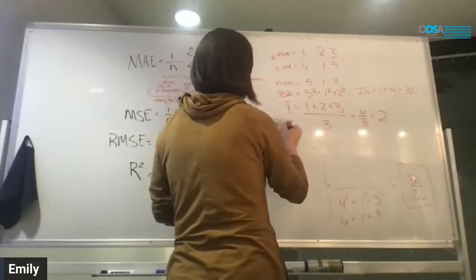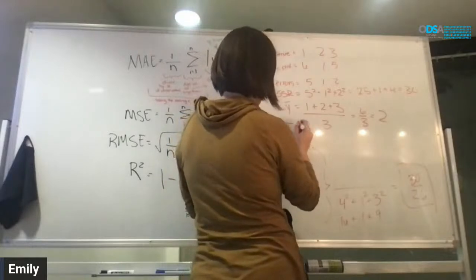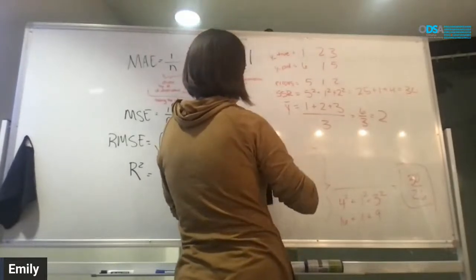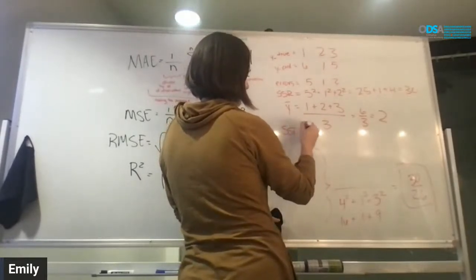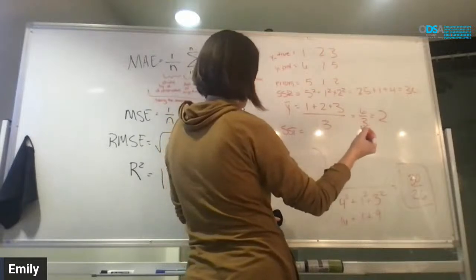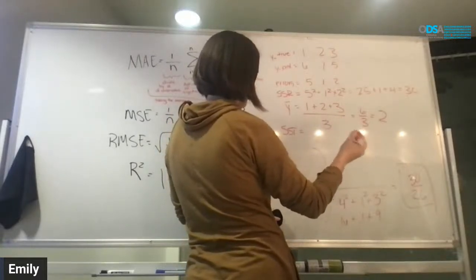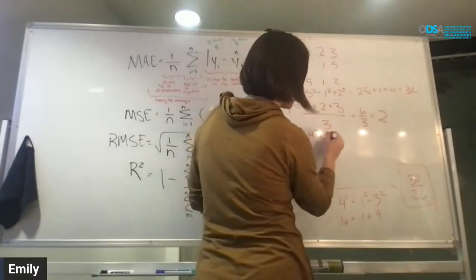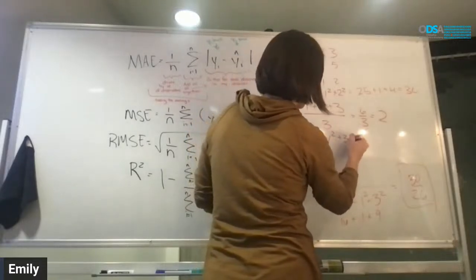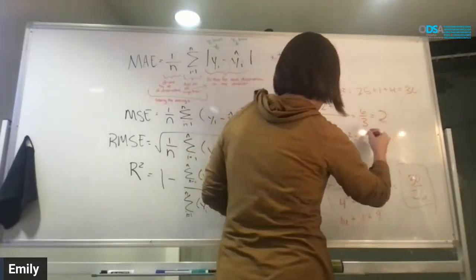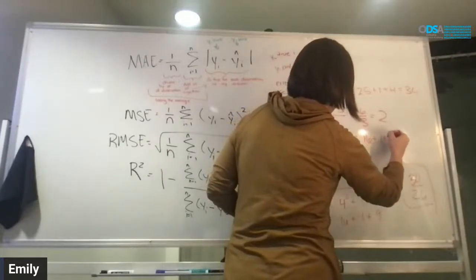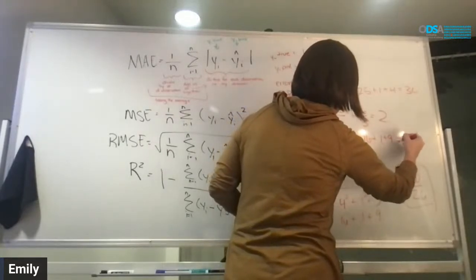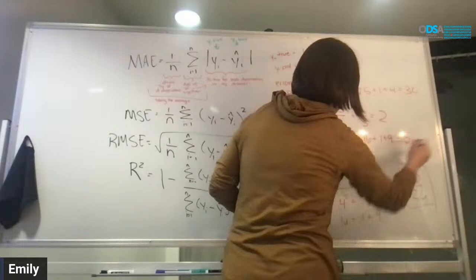And then SST was equal to 4 squared plus 1 squared plus 3 squared, which equals 16 plus 1 plus 9, which equals 26.